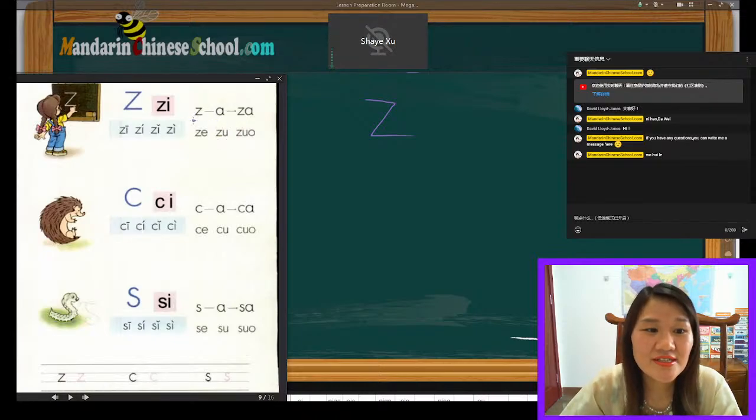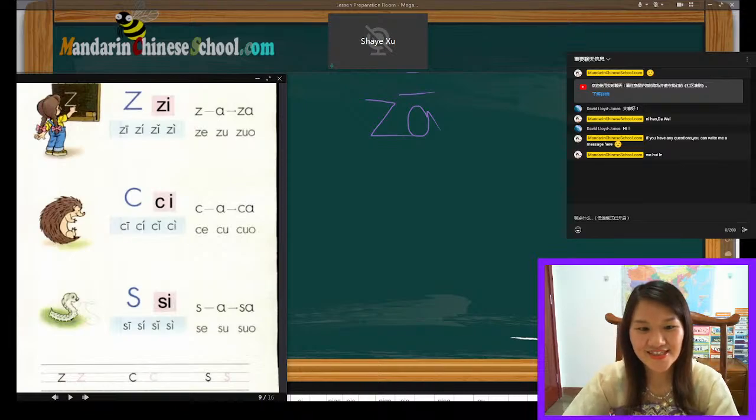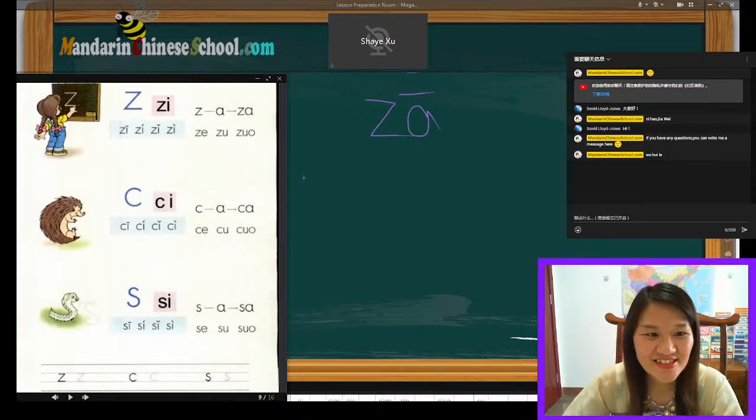I will read these words, okay? First one is za with first tone. Za. Can you say za? And the second one, this one is sound, right?